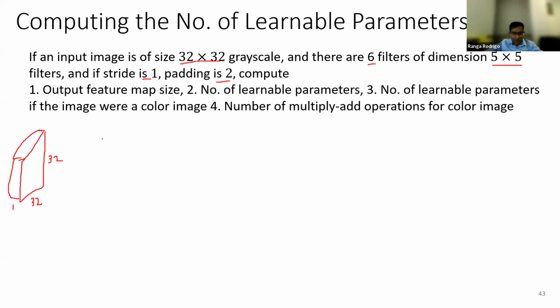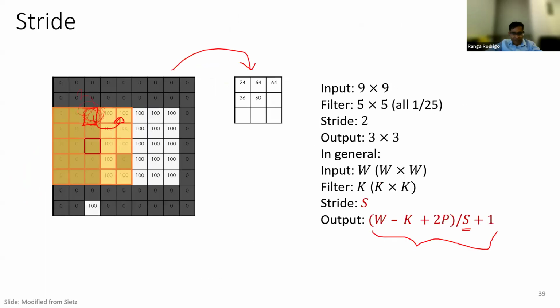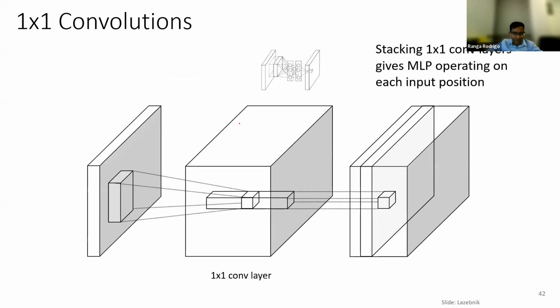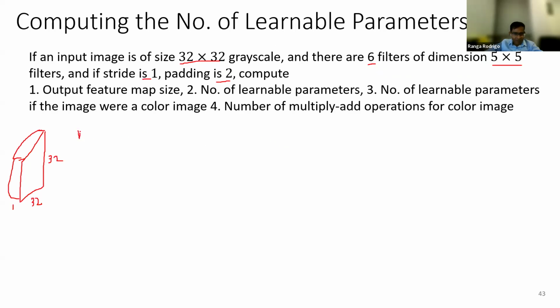So therefore, if you use this equation, W minus K plus 2P, divided by S, plus 1. So therefore, image W is equal to 32.